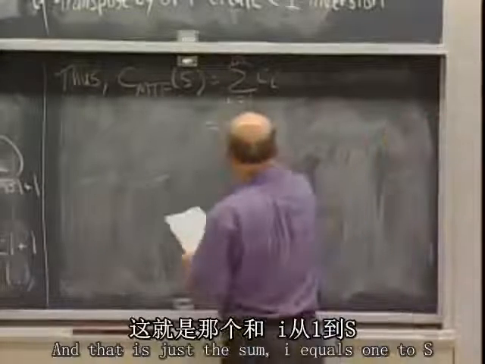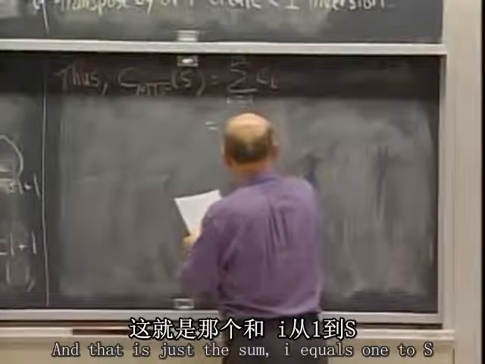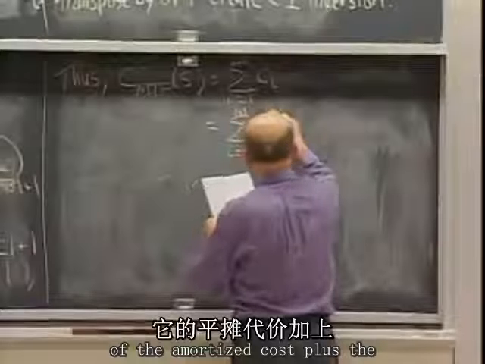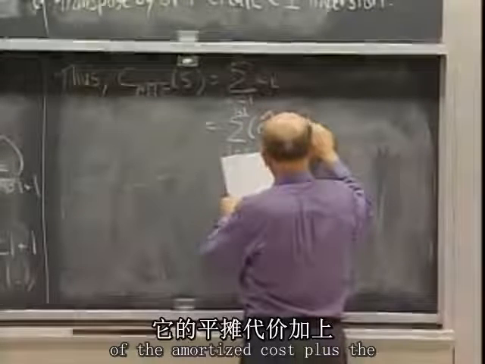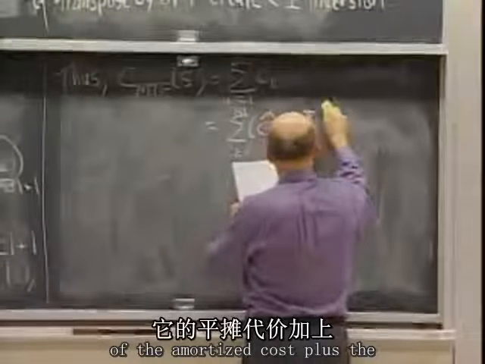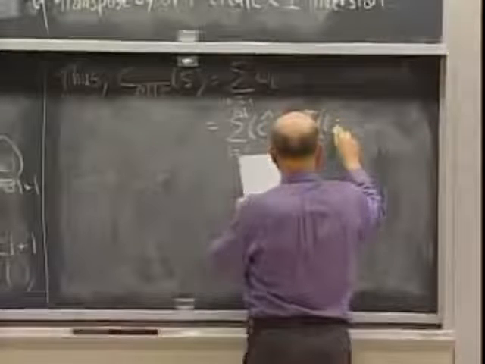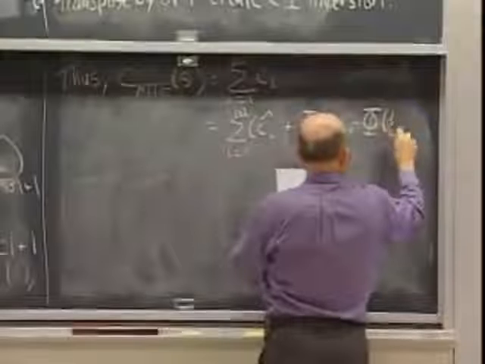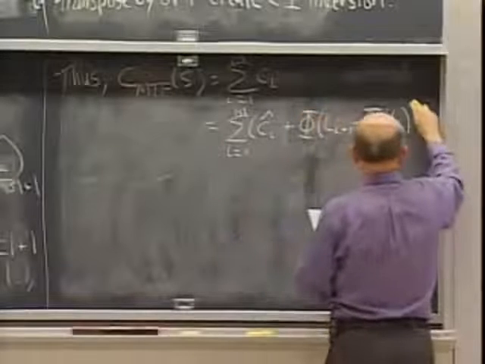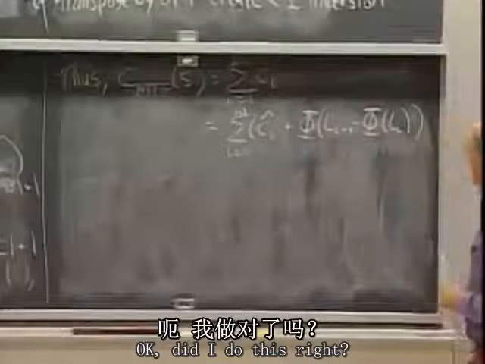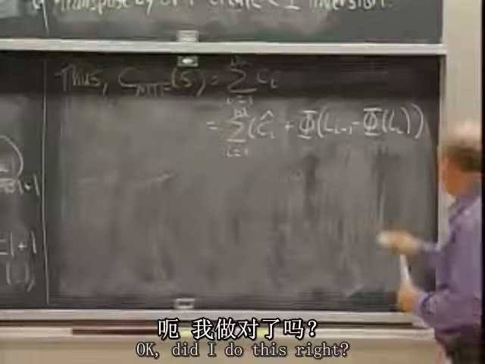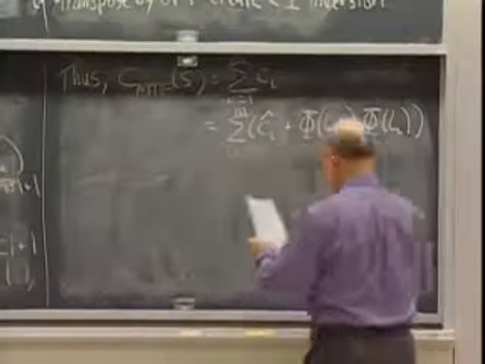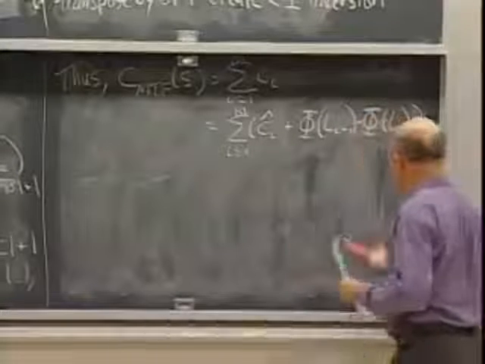And that is just the sum i equals 1 to S of the amortized cost plus the minus the change in potential. Did I do this right? No, I put the parentheses in the wrong place. No, now I've got it right. Good. I just missed a parenthesis.